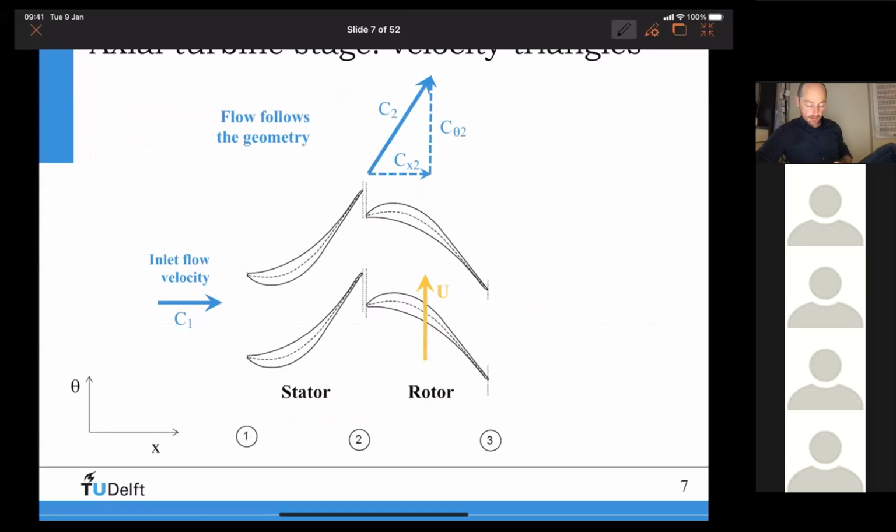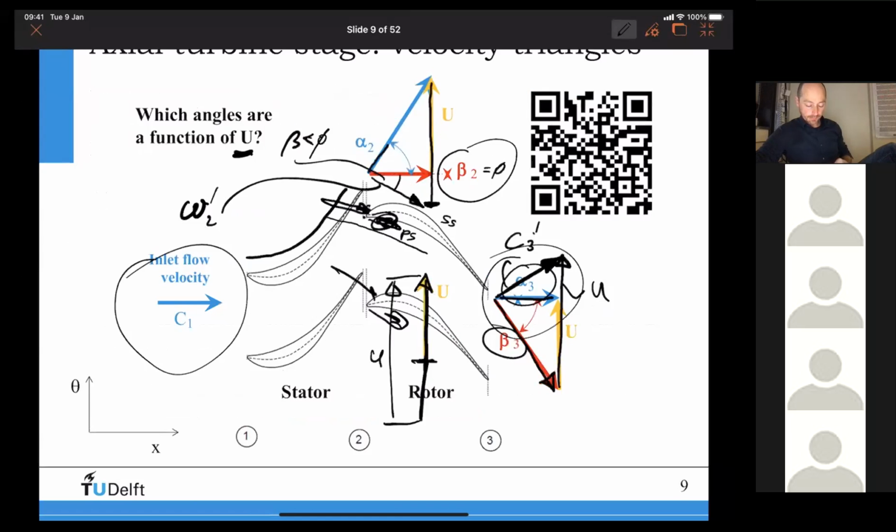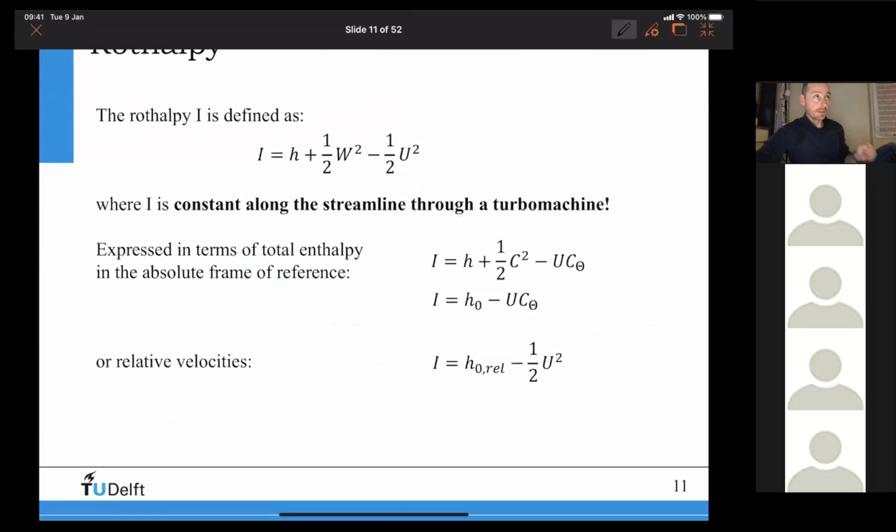Messy slides here. No, this is fine. This is what I have here on the slides. So I have derived it now on this notebook, but here on the slides you have it again. This is the definition of the rothalpy, and it says this I here is constant along a streamline through a turbomachine.